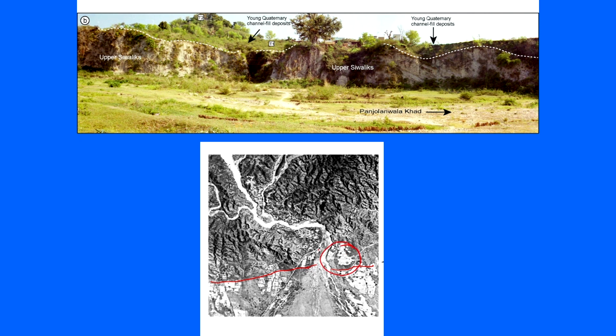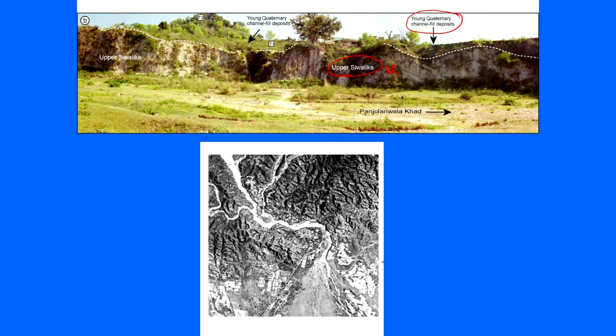This photograph shows clearly that you are having the upper Shivaliks. This is again a bedrock, and on the top you are having the young channel fill deposits, that is your alluvium. So, again these are typical of the Strat terrace.